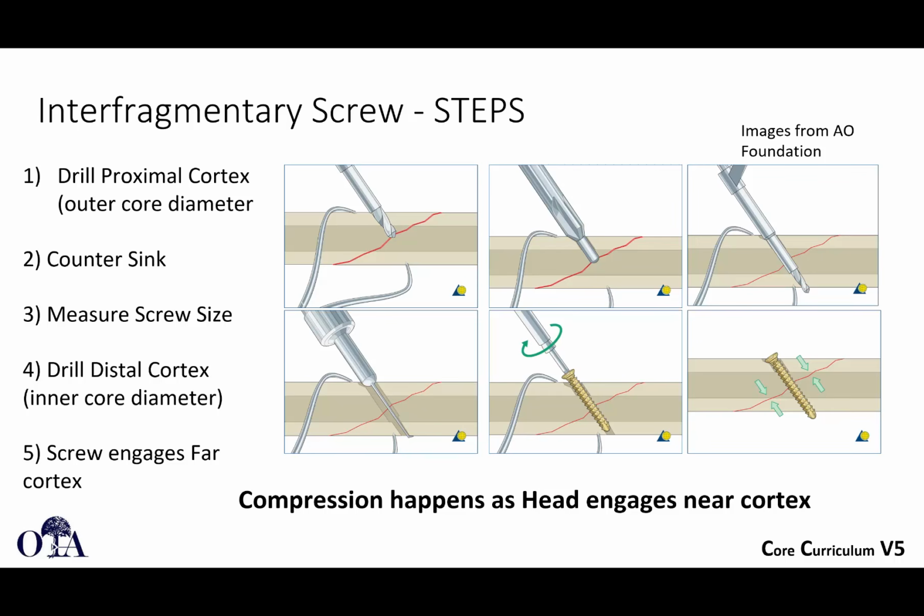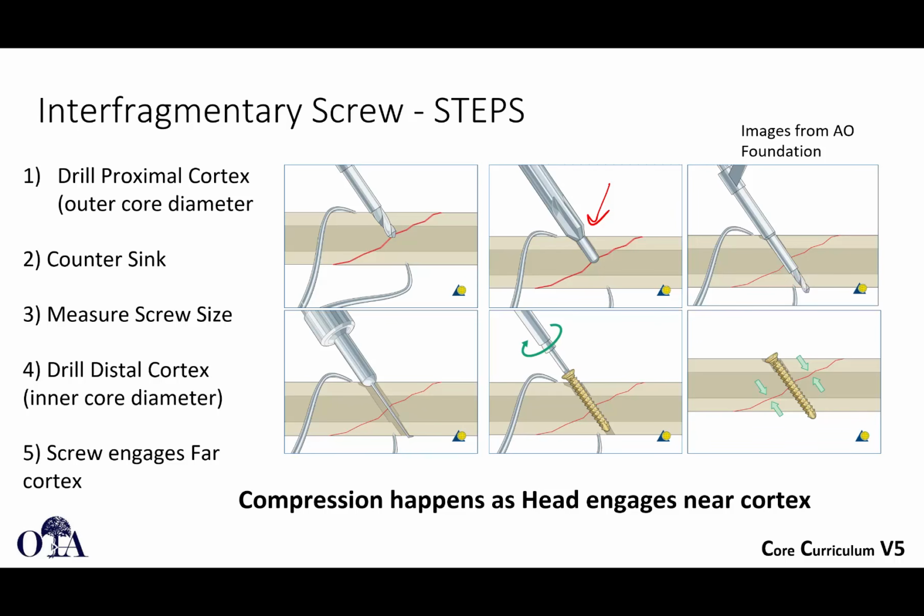Here are those steps. These are some of the AO slides demonstrating reduction of the fracture. Notice how the lag screw is done perpendicular to the fracture line. The gliding hole is drilled. There's a countersink that's done here. Then the pilot hole is drilled after a centering sleeve is placed, and this is going to be smaller than the gliding hole.